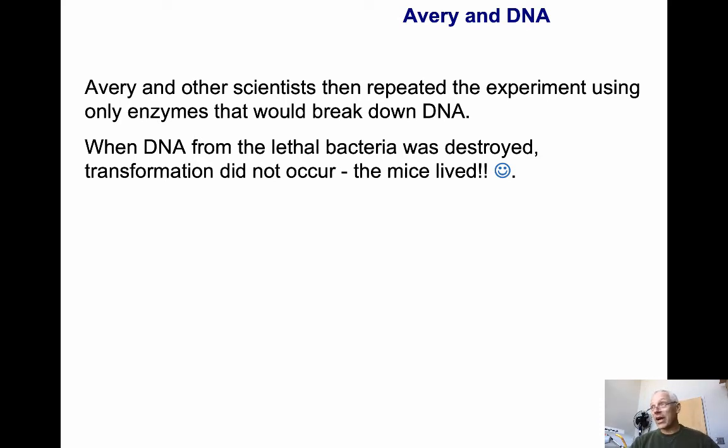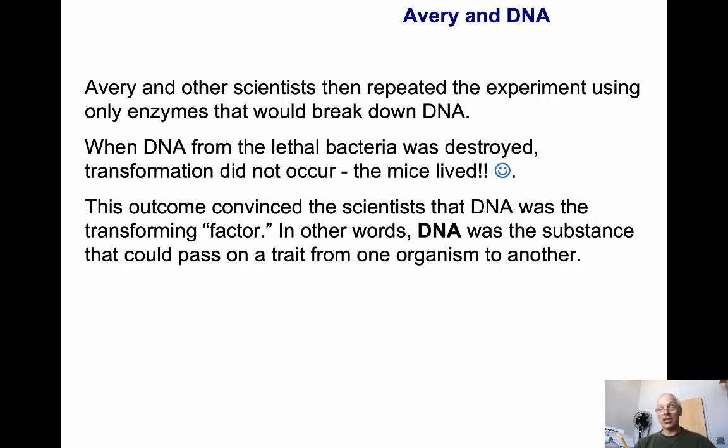So the transforming factor, the thing that caused the bacteria to change from being harmless to deadly, was DNA. And so Avery and his colleagues thought that maybe DNA is also the genetic material that's responsible for transmitting characteristics from parents to offspring.